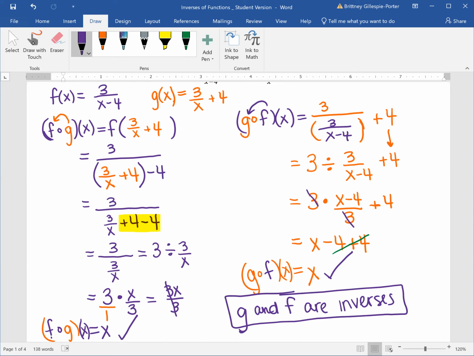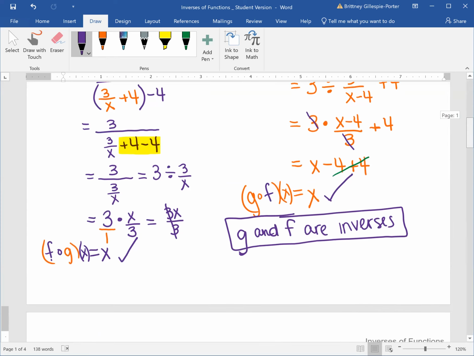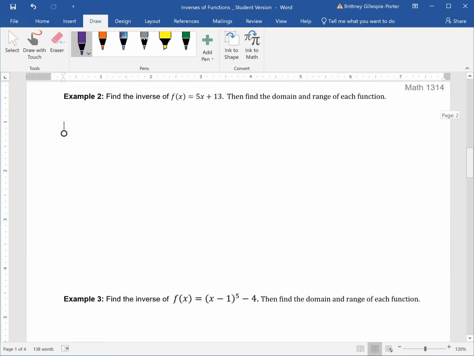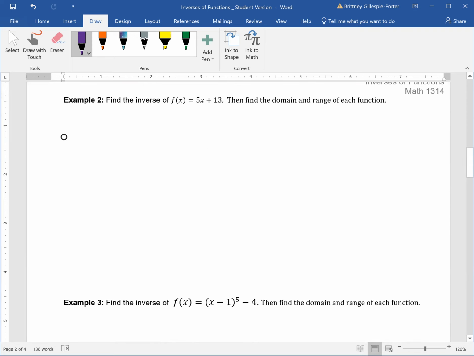Okay, so remember, an inverse undoes the mess that the original function put us in. Let's actually find some of our inverses algebraically. So we're given f of x is equal to 5x plus 13. This is a linear function, y equals mx plus b.